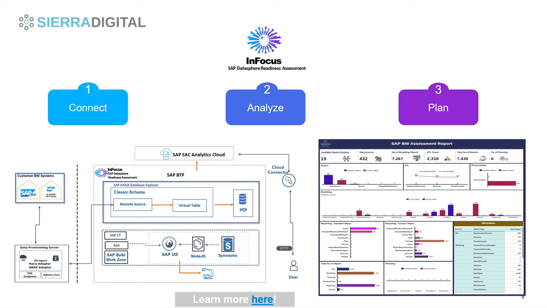It also conducts a usage analysis based on historical frequency and aids in prioritizing the most frequently used and relevant artifacts for the conversion process. The third step is the planning step. With these reports, customers can effectively chart a path forward, a conversion plan, to guide them on their BW to Datasphere transformation journey.